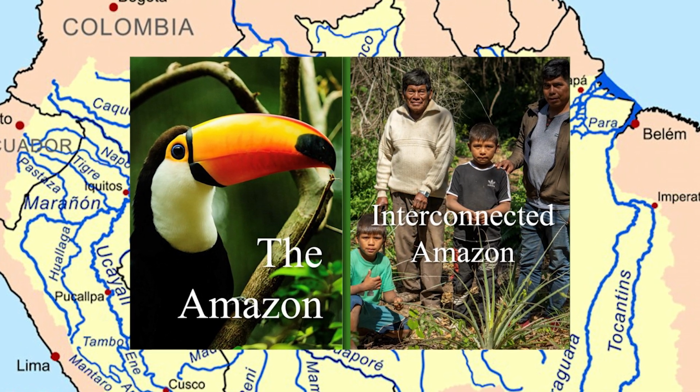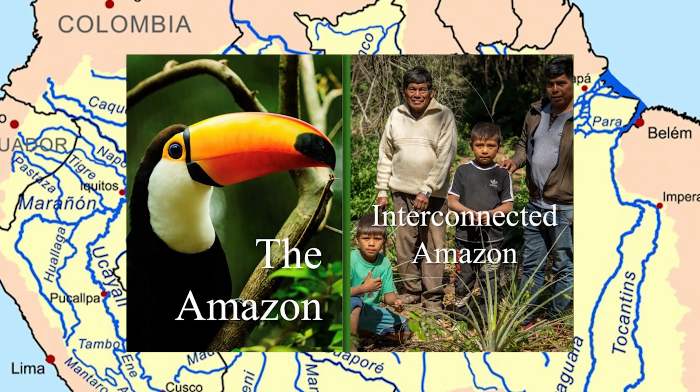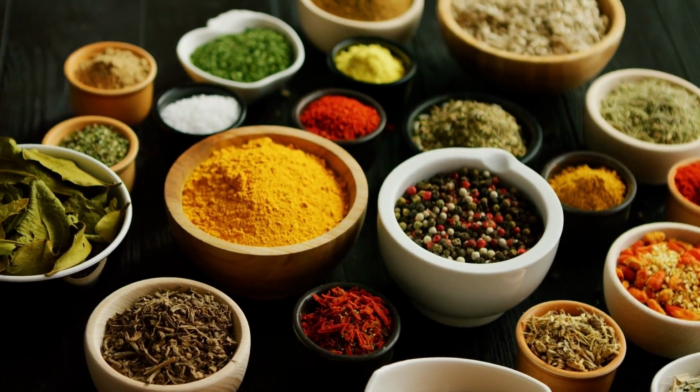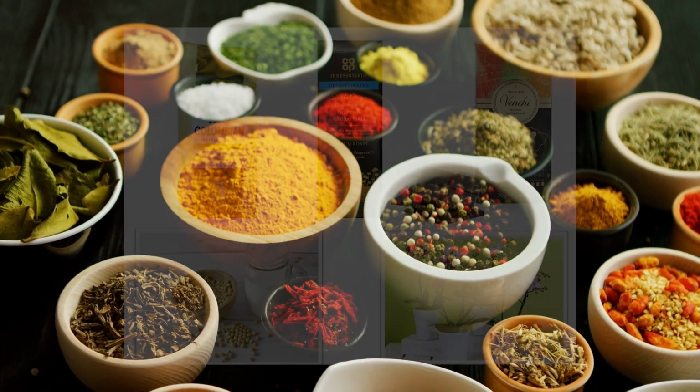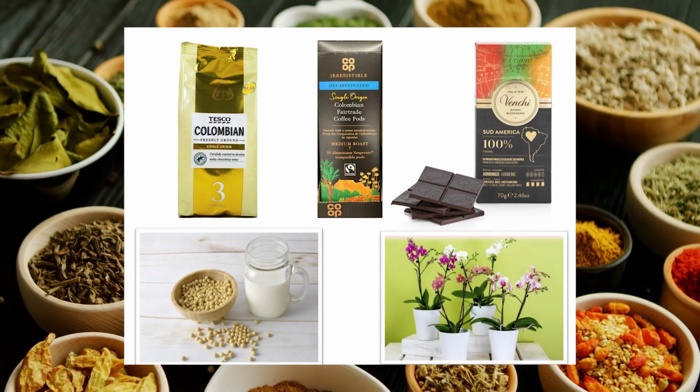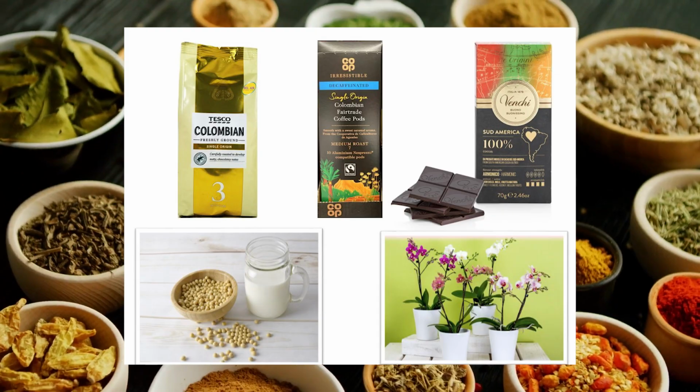In our final unit, Interconnected Amazon, we stay with interaction, but this time within the human world, specifically trade. Children have seen that there are many connections within the Amazon, and they move beyond to study the global connections between the Amazon and other places, including their own school, one of the many opportunities for fieldwork built into the Opening Worlds Geography curriculum.